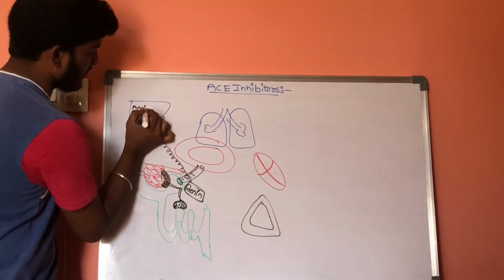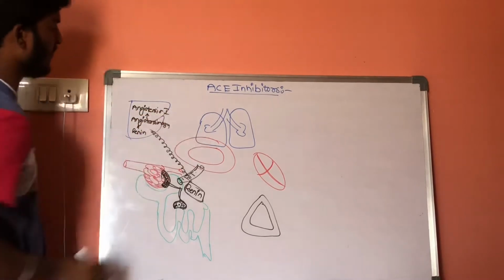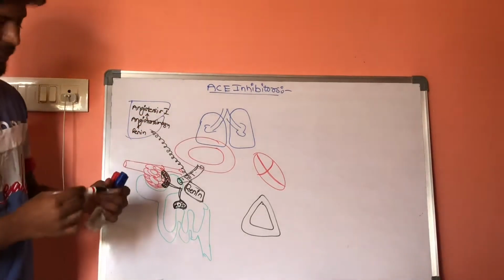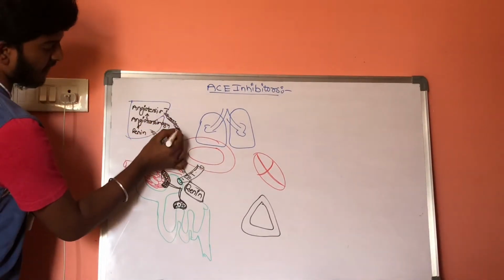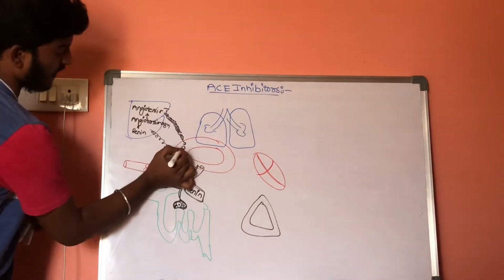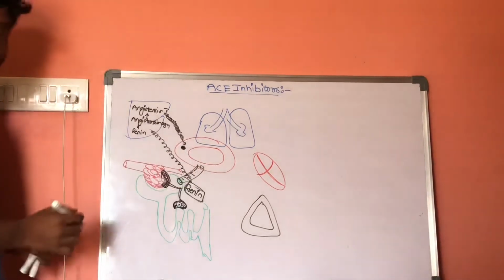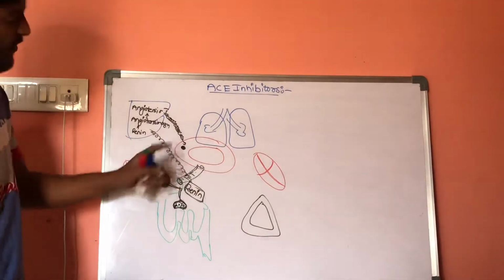Angiotensin 1 is secreted in the liver. Again, from the liver, this angiotensin 1 will get secreted back, coming back into the circulatory system.